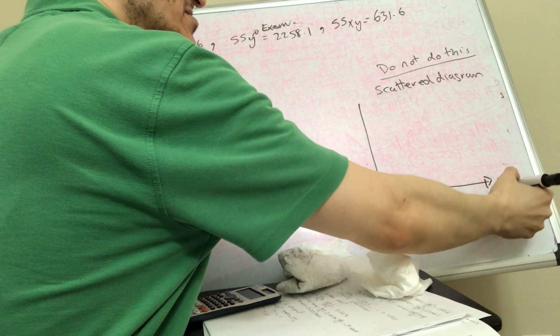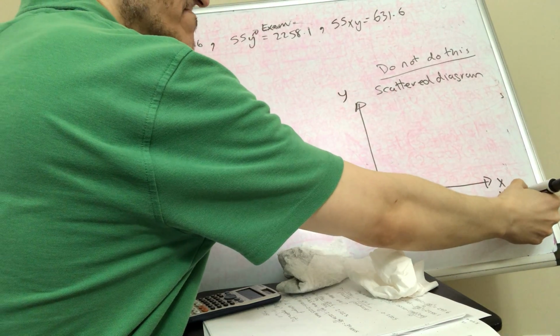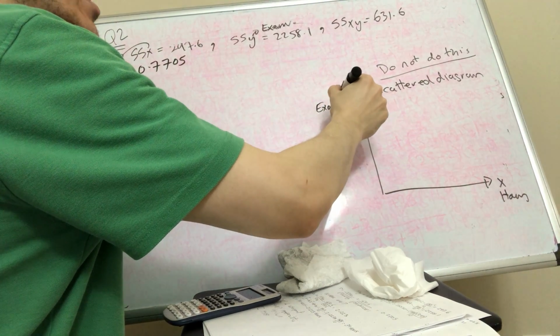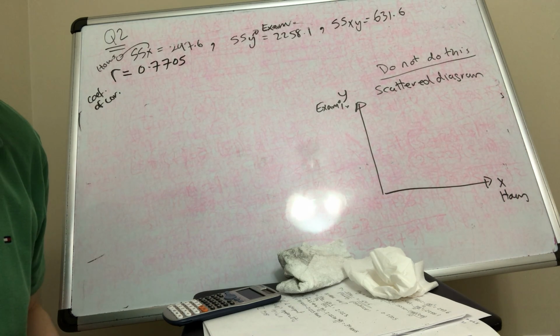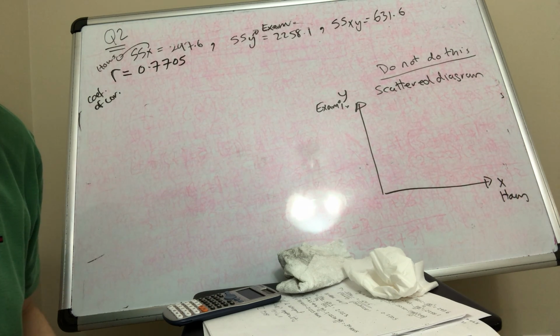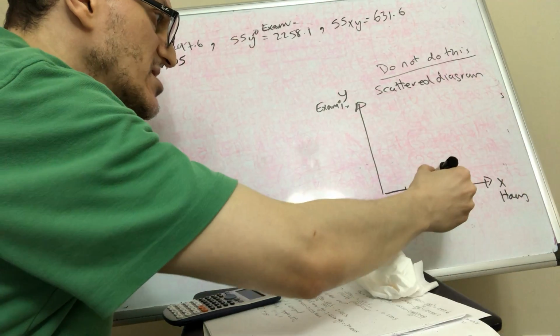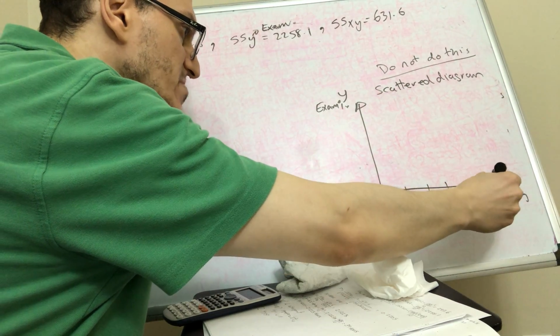You know X, you have Y, X is hours, and this would be exam percentage. The hours minimum is 8, maximum is 26, so I'll divide this into say 5, 10, 15, 20, 25.